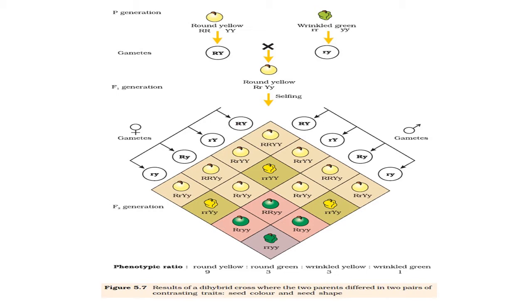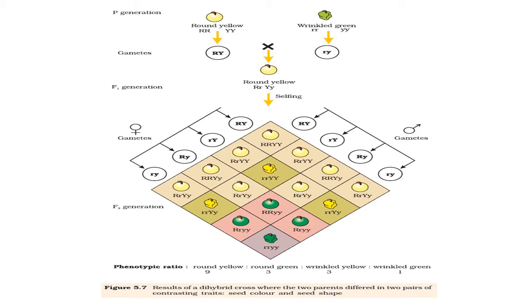All types of possibilities are observed in the F2 generation by selfing of the F1 generation. Out of the total 16 possibilities, round and yellow is 9, round and green 3, wrinkled and yellow 3, and wrinkled and green only 1 offspring. So when a dihybrid cross is conducted between parents having two different characteristics, in the F2 generation there are a total of 16 possibilities with different characteristics.